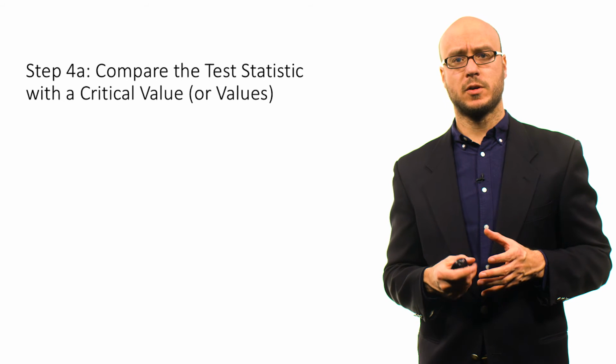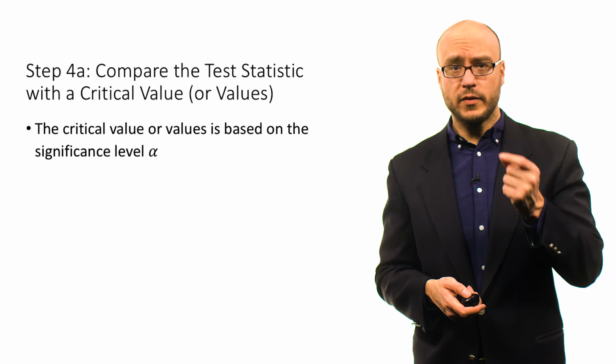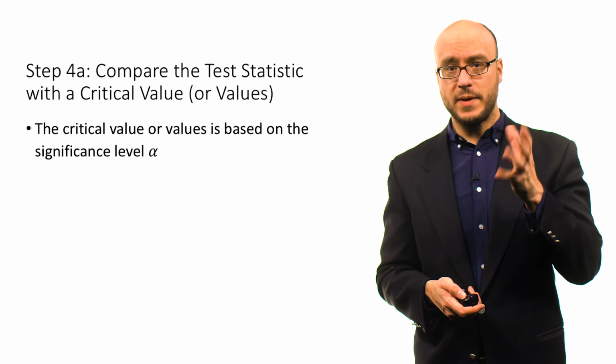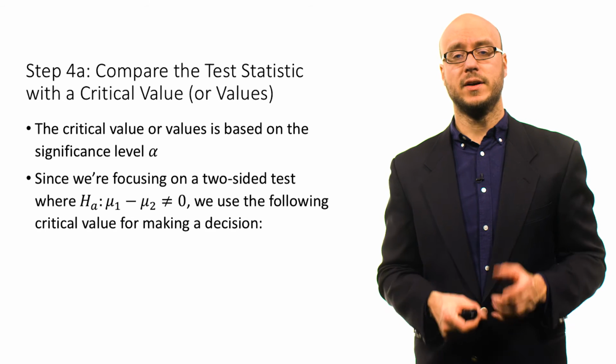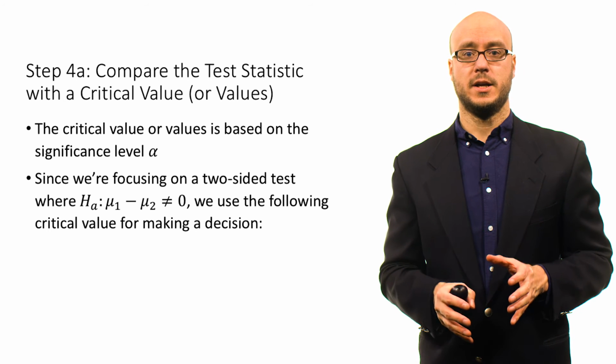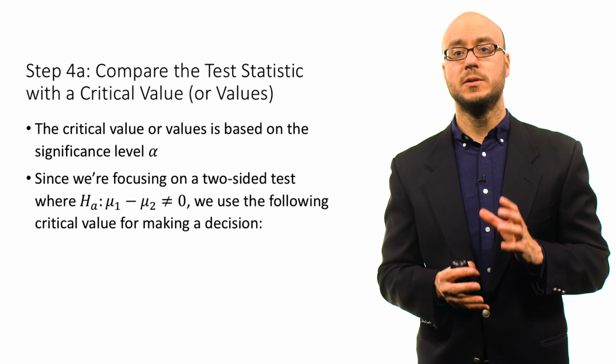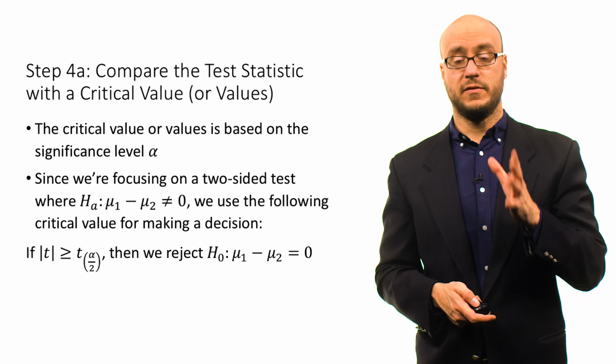Then what we're going to do is compare this test statistic with a critical value or values. Recall that the critical value or values are based on this significance level alpha. Now, since we have a two-sided alternative, in which the difference of these two population means is not equal to 0, we're going to use the following critical value for making a decision.